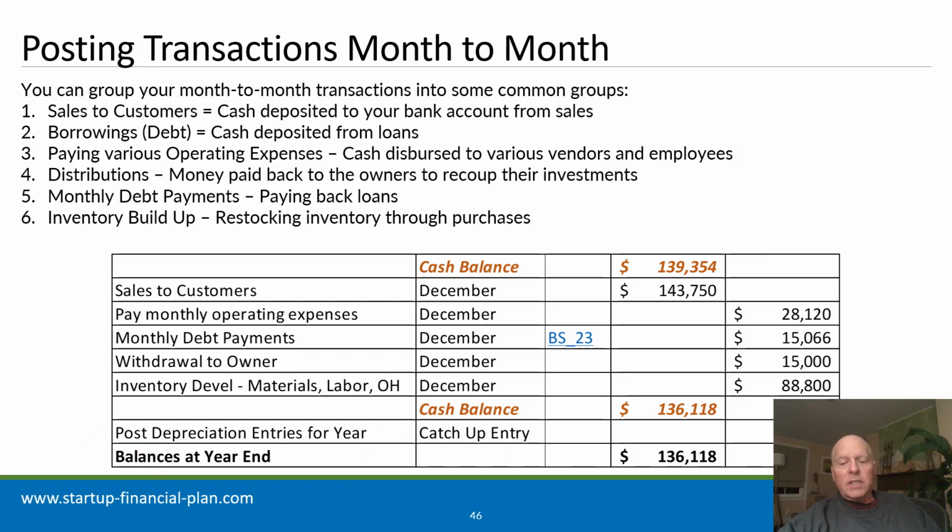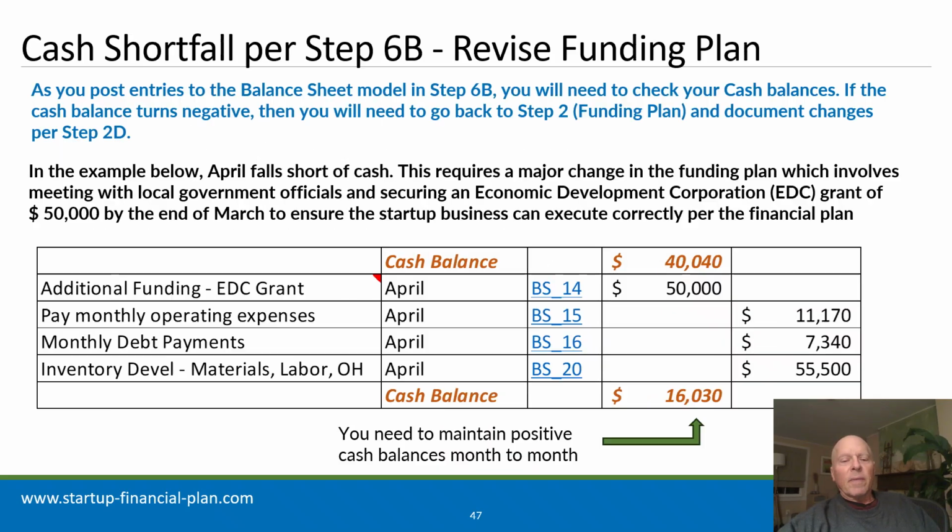That's one of the steps we'll do toward the end. Again, most of the transactions are probably going to fall into these buckets. So for most of you, you're probably going to have 6 types of transactions that work month to month to month to get to the balance sheet. This is a rather tedious part of the process. This is the tedious part of preparing the financial plan.